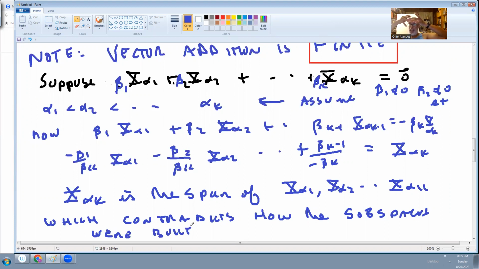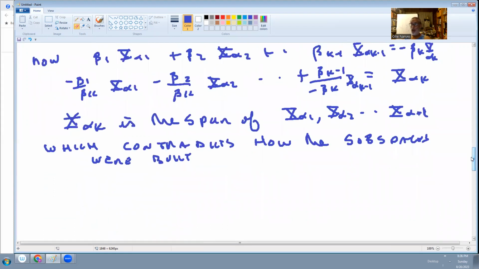Because remember, every time you added another x sub whatever, that was by definition not in the span of the previous ones. Well, if you had this zero relation here, this x of alpha k, where alpha k is a higher ordinal than all the rest of these, then this vector is in the span of these, which contradicts how we built our subspaces up.